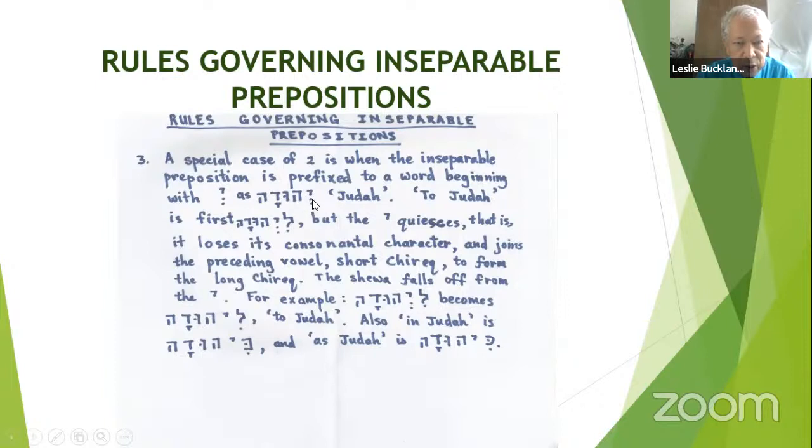The simple schwa will drop out, and what will be left is the yod and the hirik under the preposition. And so it will no longer be li Yehutha, it will no longer be bi Yehutha, it will no longer be ki Yehutha, it will now be li Hutha, bi Hutha, and ki Hutha.